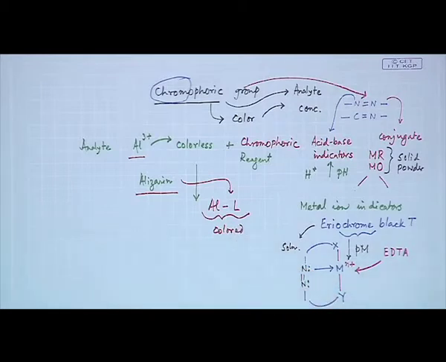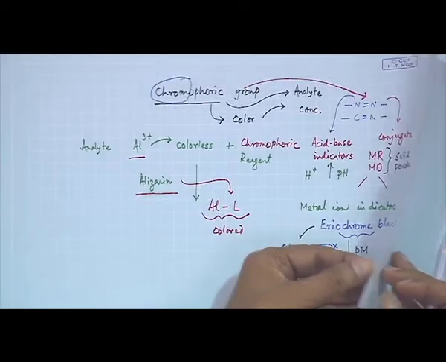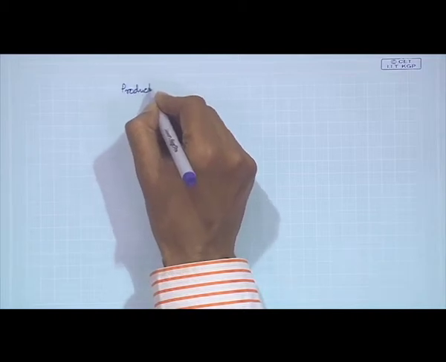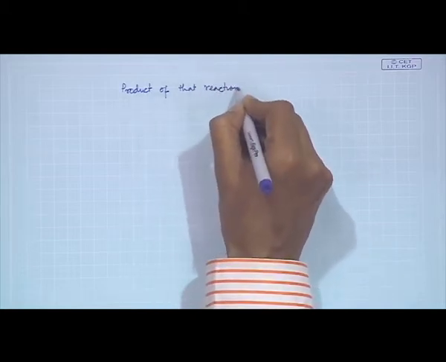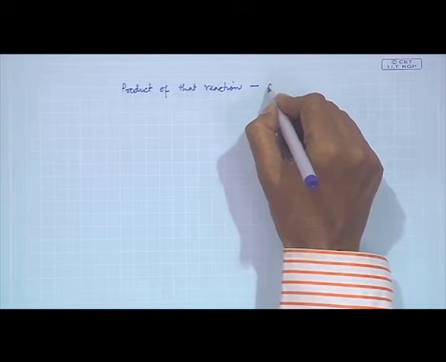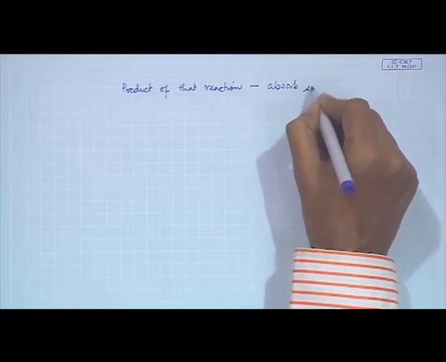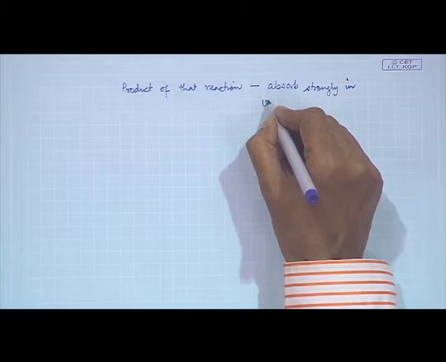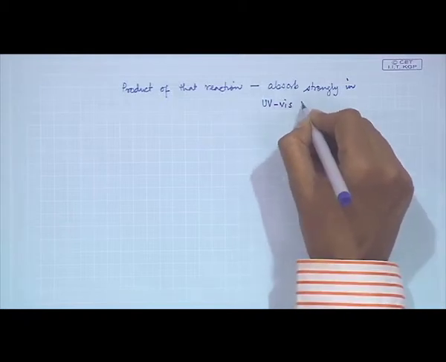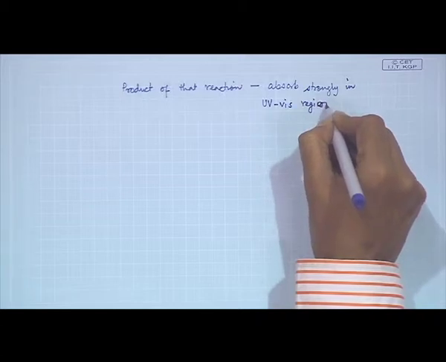So, there are a large number of these species or corresponding groups present, which can be considered as chromophoric reagents, and we can get them in such a way that the product of this particular reaction can absorb strongly in again our most interesting region of understanding, that means the UV region.